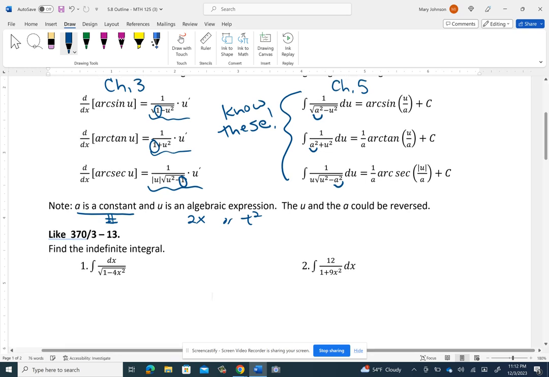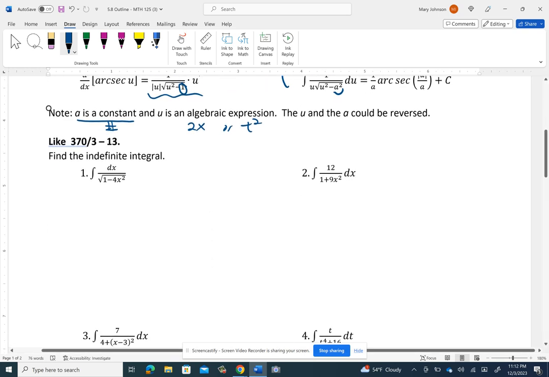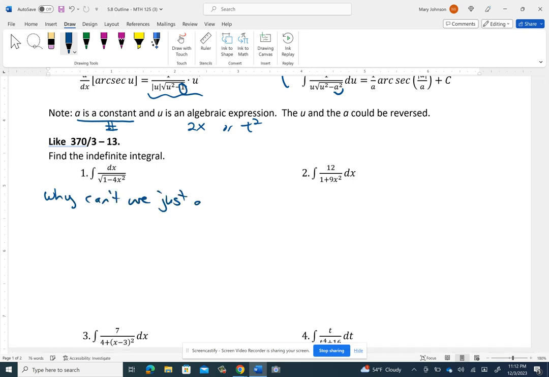Now, before we start doing the problem for real, I just want to touch on why we can't just do what we did in 5-5. Where we would think about this as being 1 minus 4x squared raised to the negative 1/2 power, and then let u equal 1 minus 4x squared. What I'm getting at is how do we know that this might need to be one of these inverse trig function problems?